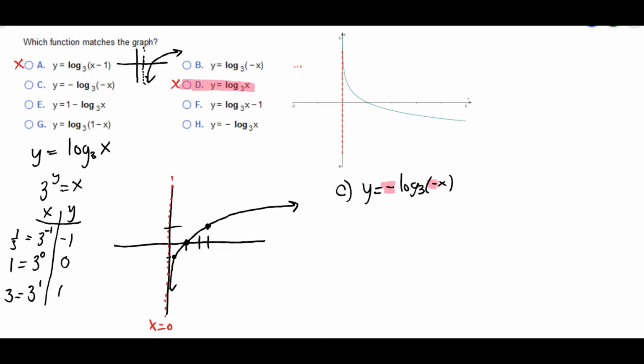So starting with our base graph right here, if I reflect it horizontally, it would go like this. But then I also need to reflect it vertically, so it's going to go like this. And that doesn't match, so that's not our answer.